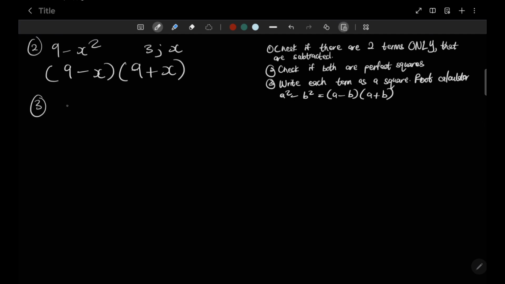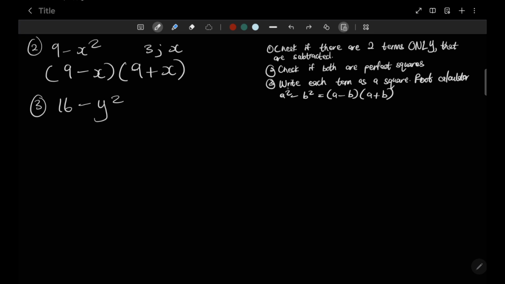Number 3, 16 minus y squared. First condition, check if there are two terms only. We have 16 and we have y squared. There are two terms. Number 2, check if both are perfect squares. What is the square root of 16? It's 4. What is y squared? Y times y. They are both perfect squares.